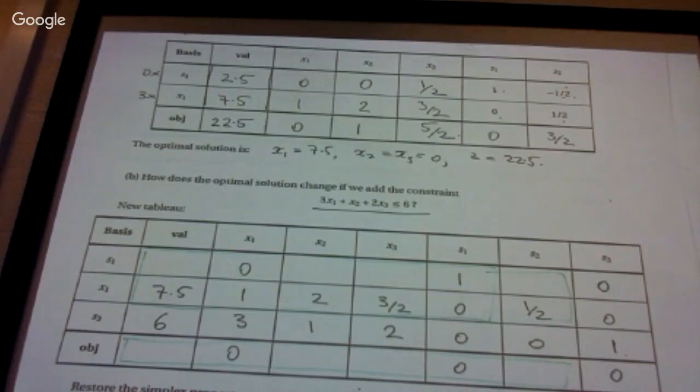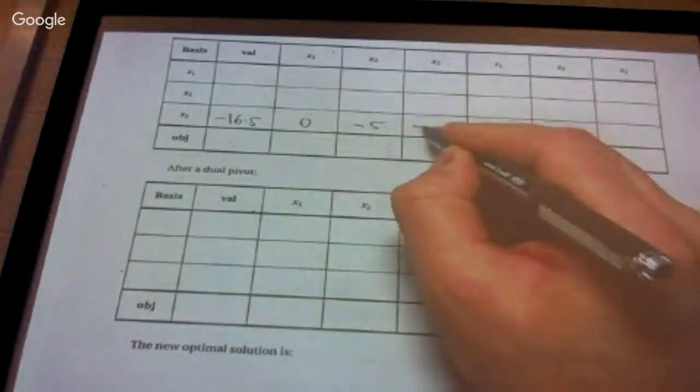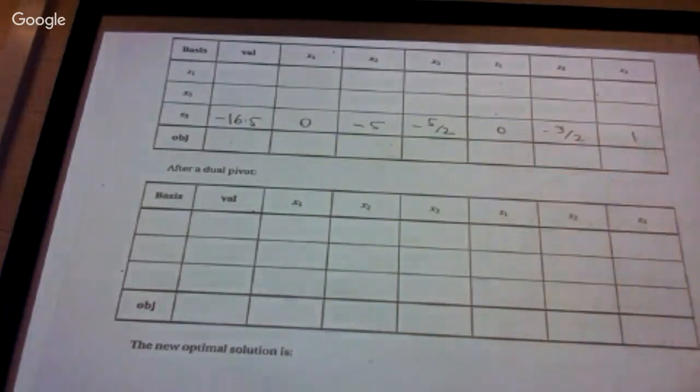Now the new S3 row is going to be minus 16.5, 0, minus 5, minus 5 over 2, 0, minus 3 over 2, and 1.